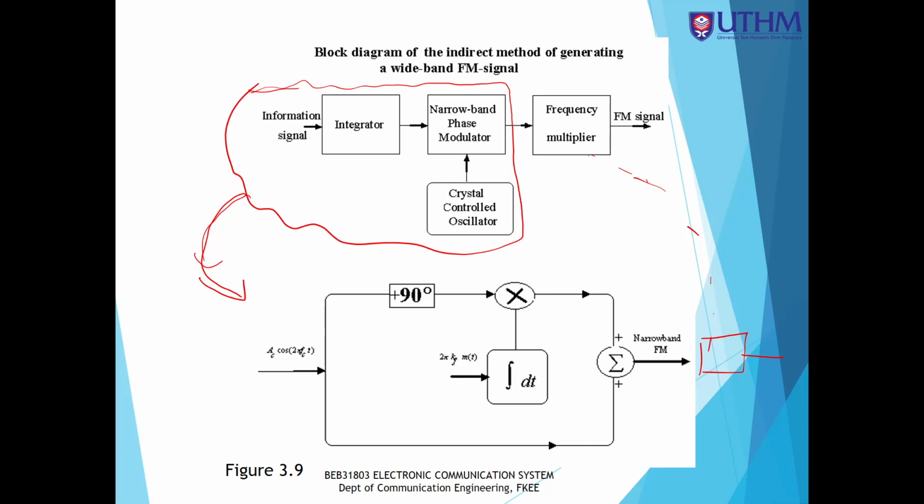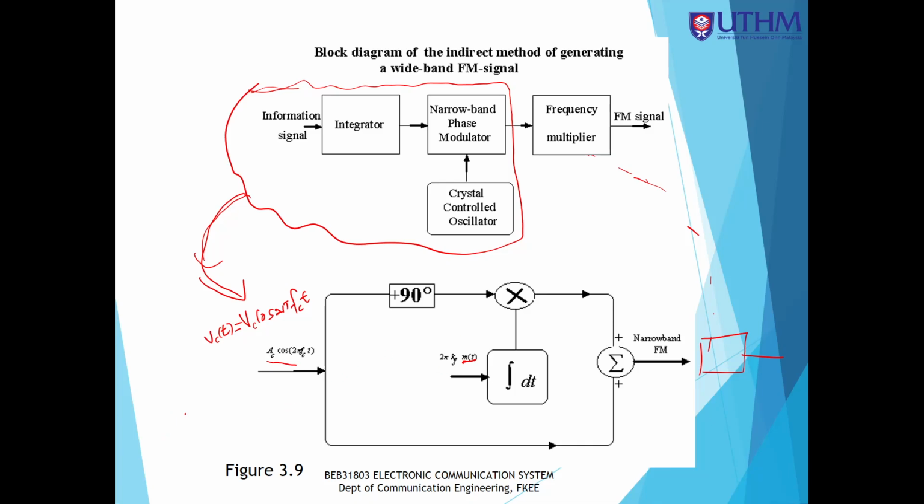Again, you need to understand the equations involved in this process. You see that here VCT is given as VC cos 2 pi FCT. And here MT is the input message.